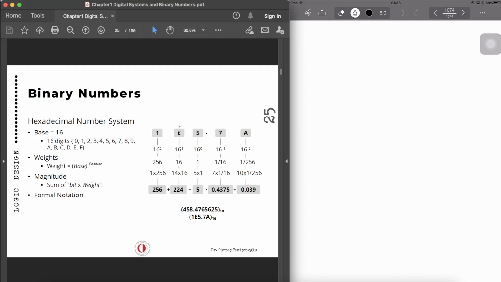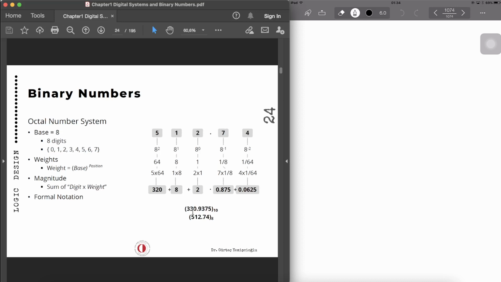Then you just use the weights. So 1E is what? E is 14. 7A is what? A is 10. So 10 times 1 over 256. Then you sum them up and you get the decimal equivalent value of it. Same applies for the octal. If you separate these out, you get a decimal equivalent of that octal number.